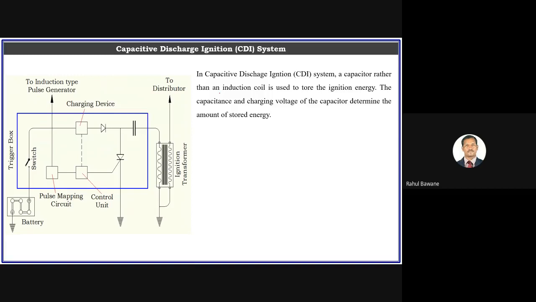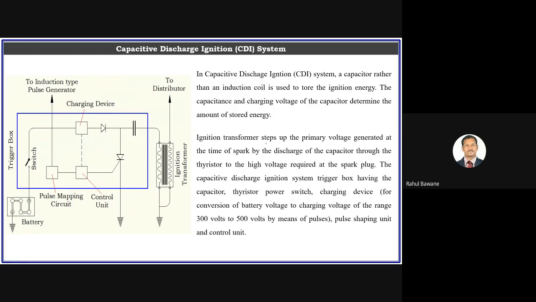Now, how it works in the capacitive discharge ignition CDI system: a capacitor rather than an induction coil is used to store the ignition energy. The capacitance and charging voltage of the capacitor determine the amount of stored energy. Then the ignition transformer, this induction coil structure.